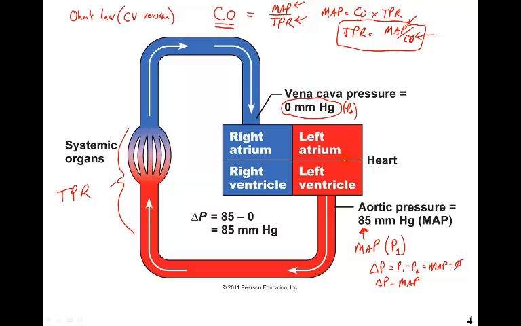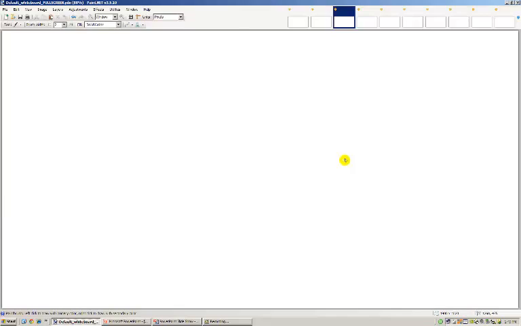The units are kind of weird, so let me introduce you to a way that physiologists have dealt with the problem that you can't really measure resistance directly. If we know that TPR is equal to MAP over CO, we can basically create a unit for TPR.